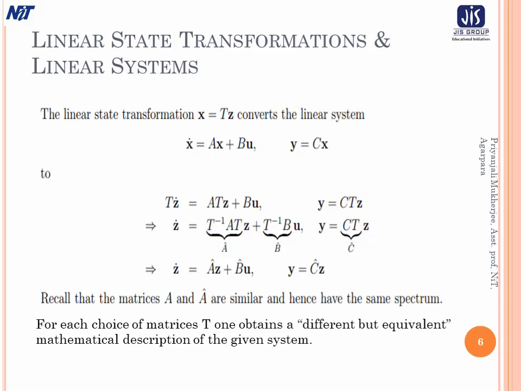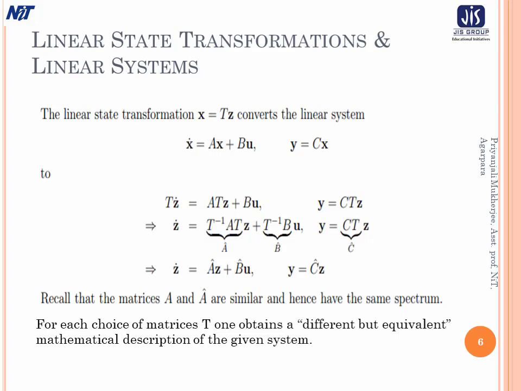We desire the transformation so that T inverse AT is a diagonal matrix. With this condition, the matrix T is the diagonalizing matrix. Now the matrix A and the matrix A hat are similar because they have the same spectrum, and for each choice of T we obtain a different but equivalent mathematical description of any given system.